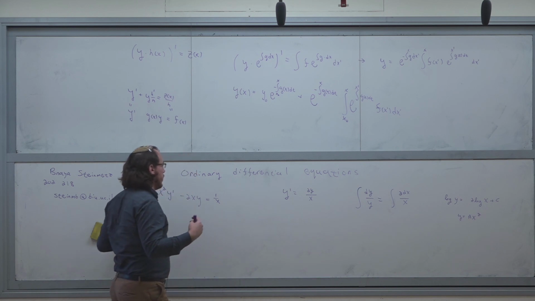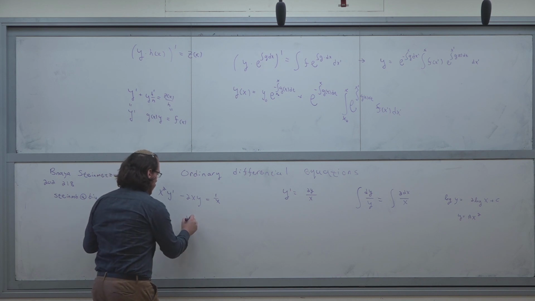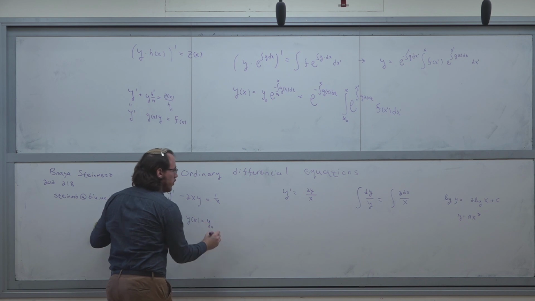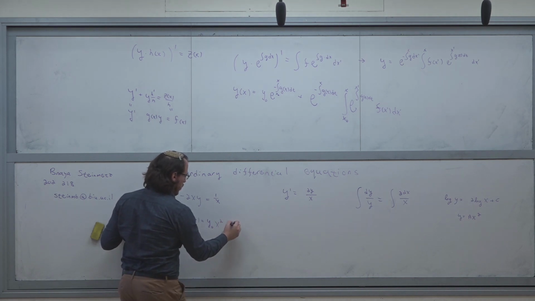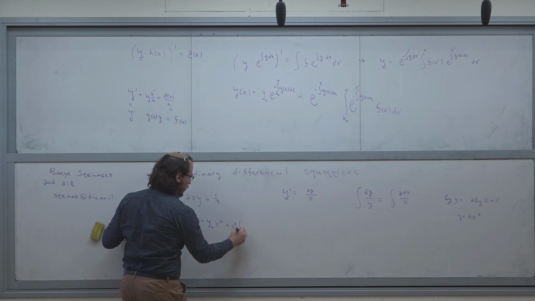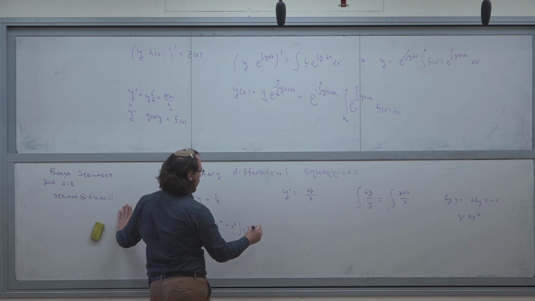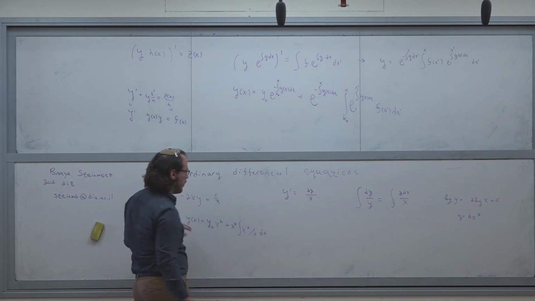So if I would look for the complete solution, it would be y equal y0 x squared plus, and here I have square is 2, and here it is over x dx.